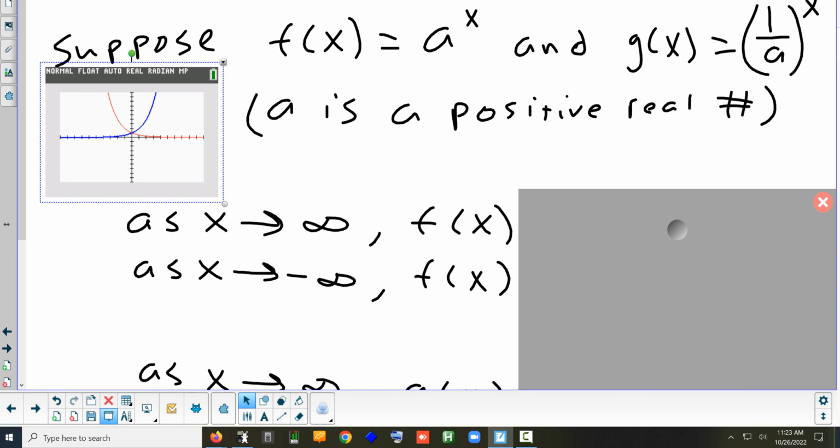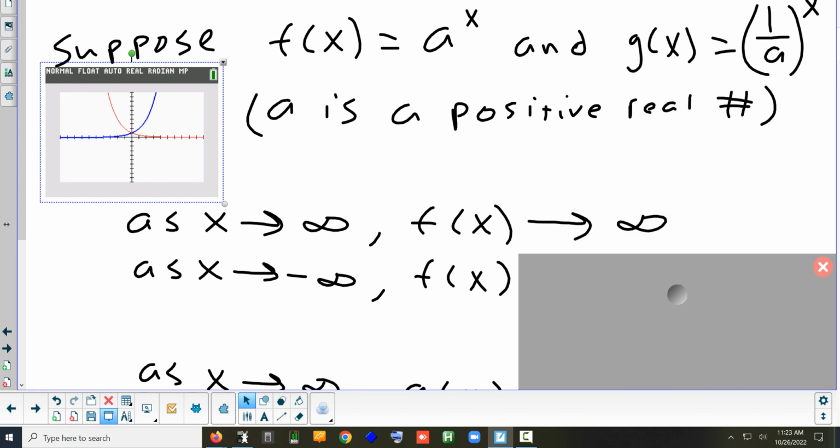So, in the blue one, as you head to the right, what happens to your y value? It goes to infinity. As you head to the left, in the blue one, what does your y value get close to? Well, you're heading to negative infinity on the x, but the y value, it's approaching 0.